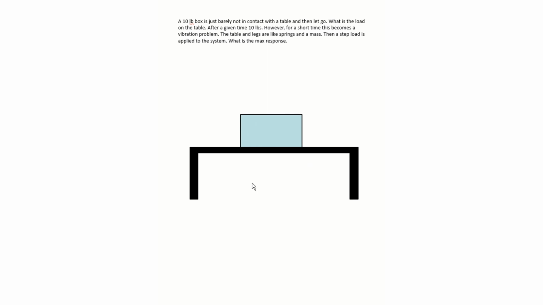We decided that after a given time the load on the table would be the 10 pounds. However, for a short duration, and we'll talk about what that duration is in just a minute, the load produced by having this 10 pounds be loaded onto the table is significantly higher than just 10 pounds.